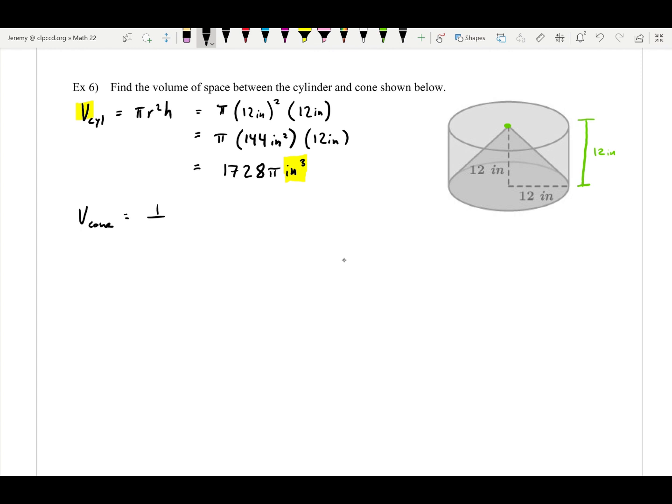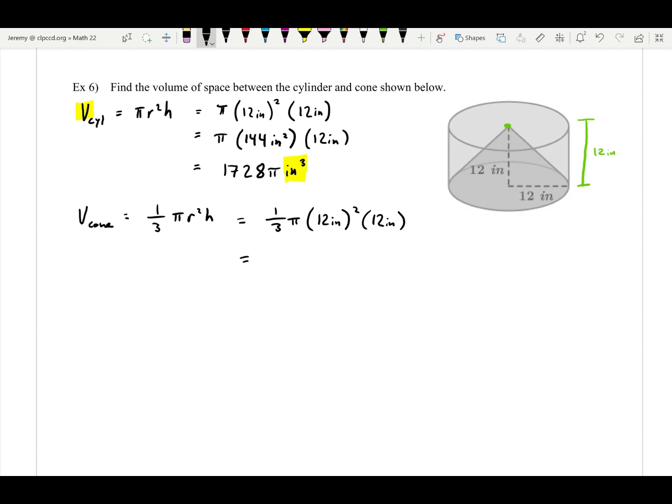Pretty similar formula here, just 1/3 pi r squared h. Okay, so 1/3 pi, and we have the same values, right? 12 inches squared times 12 inches.